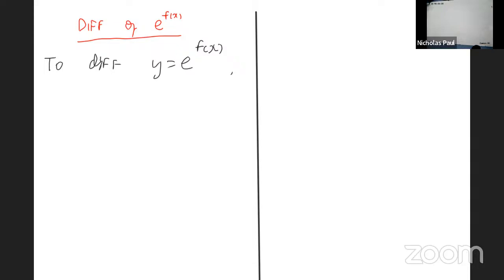Here's what you're doing to differentiate y is equal to e to the f of x.